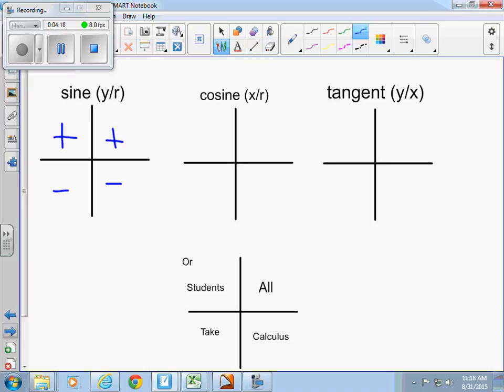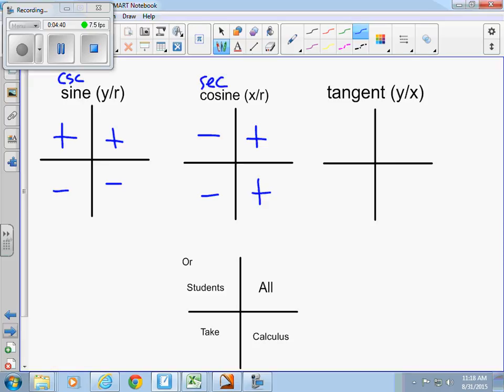Cosine is related to the x value. And so when is x positive? Positive to the right, negative to the left. Correct? So these charts have worked for cosecant and for secant.